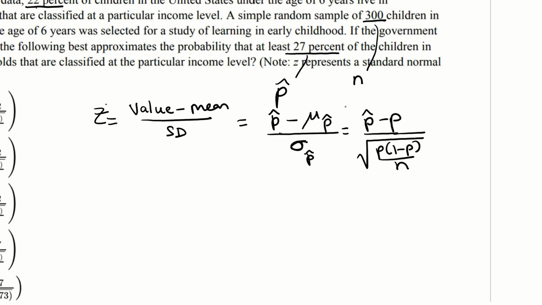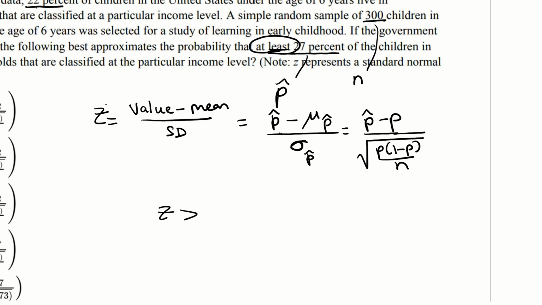All right, so in this case, we got P hat, and we want it to be at least, so that means greater than. So we're going to say Z is greater than P hat. Well, let's just write down the formula now that we have it.